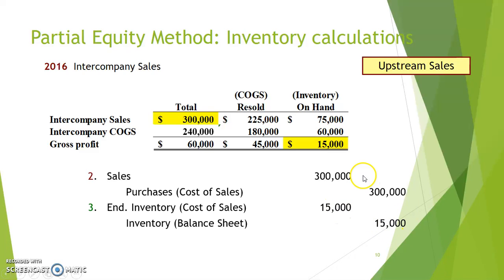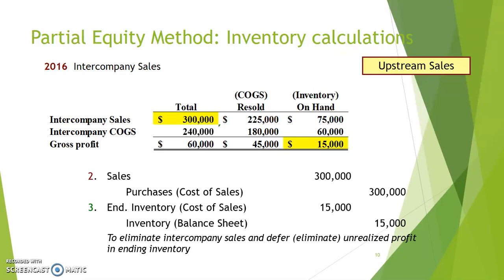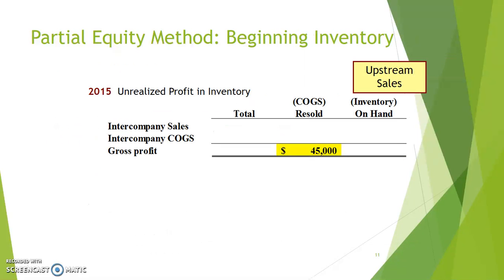This entry is to reduce the inventory from 75,000 that is currently shown on the balance sheet and included in the cost of sales of the parent, to reduce it to 60,000, which would represent the value of the inventory from outsiders. These entries would eliminate the intercompany sales and defer the unrealized profit in ending inventory.